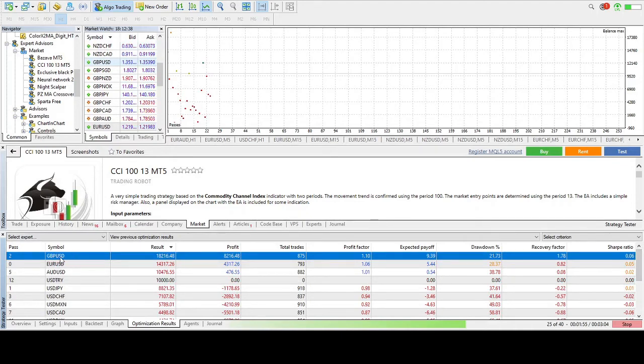But for the GBPUSD on the 20-minute, I might want to look further and see what I can find about it. If it's continuing to work, maybe do a live test. That's what I'm going to get into in a few videos from now. I'm going to show you a live test of these expert advisors while they run.